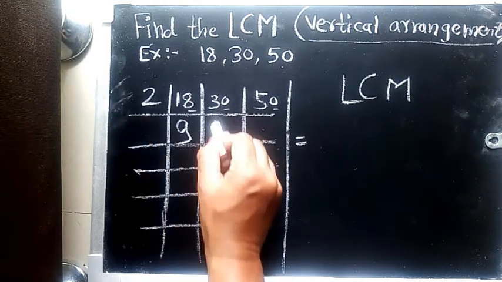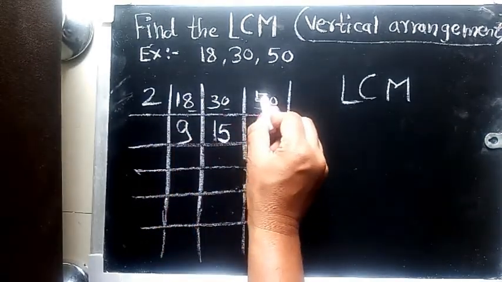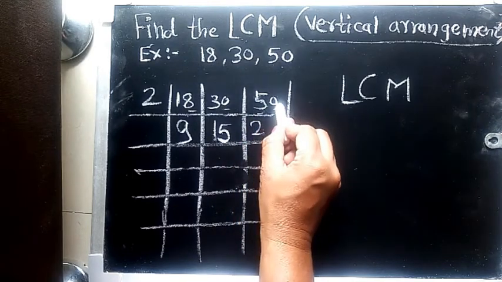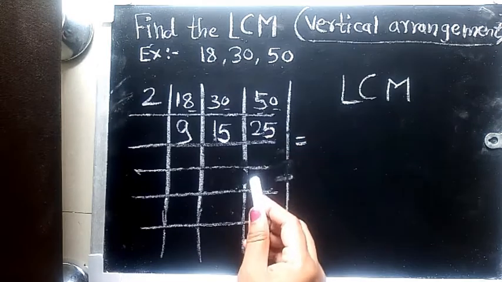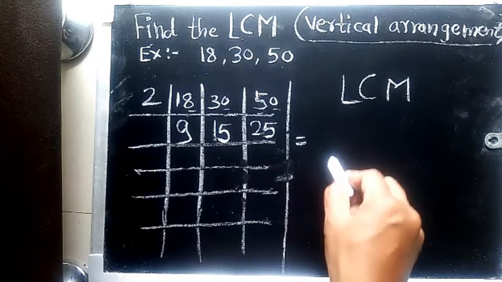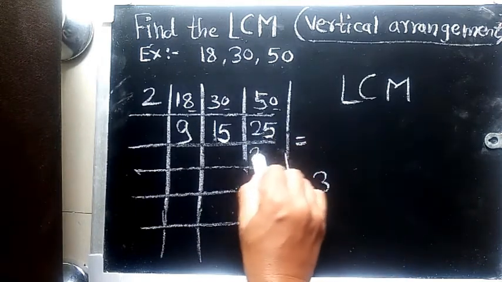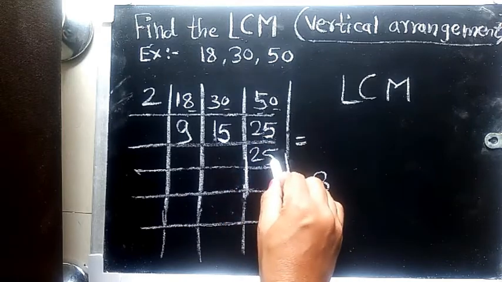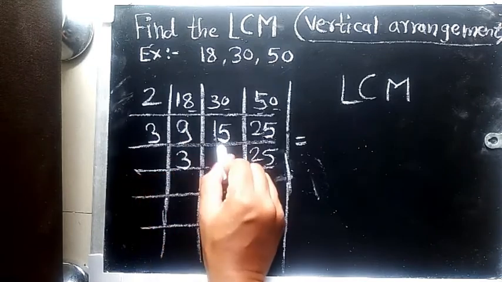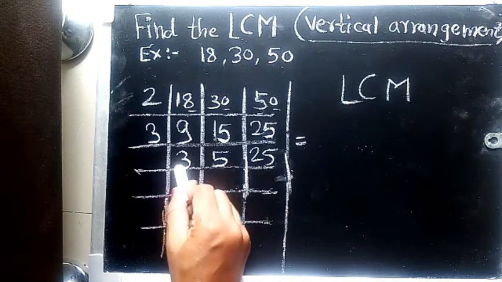Answer is 9, 15, and 25. 25 is not divided by 3; 9 and 15 are divided by 3. 3 threes are 9, 3 fives are 15.